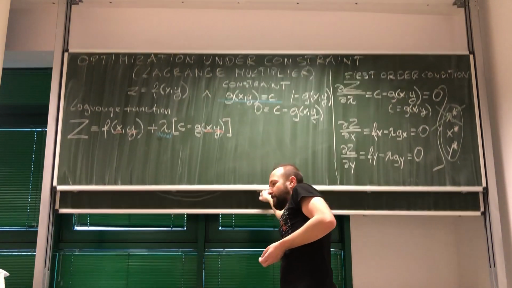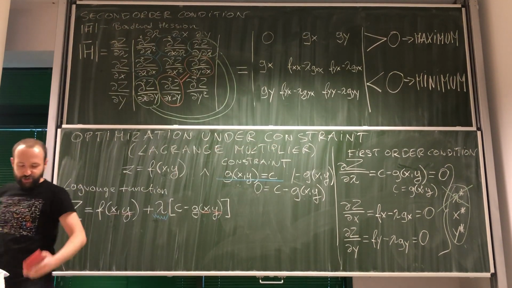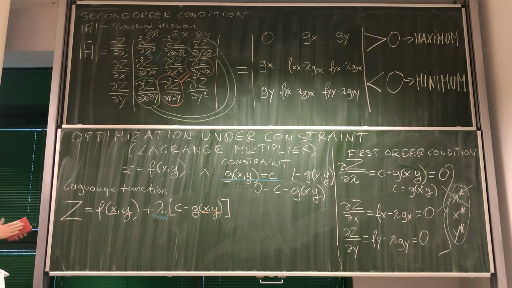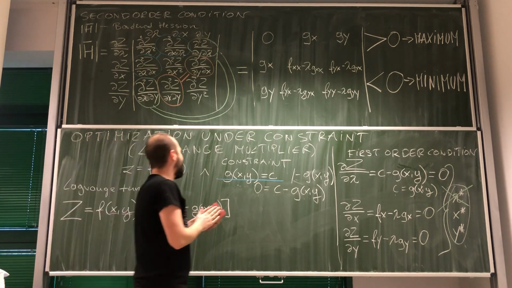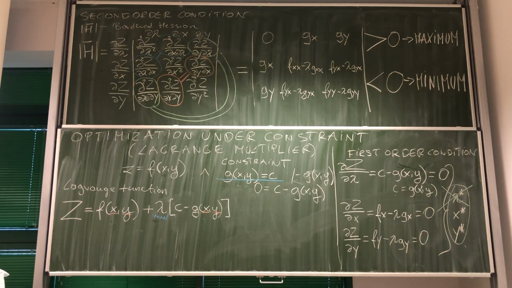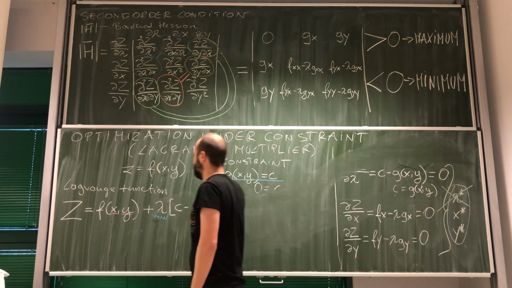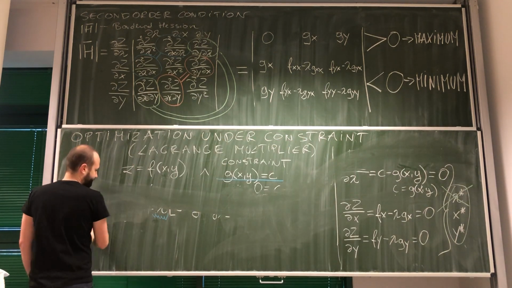Okay, so look, now that we know how it works in general, let's get to the case that we usually have. Because in most economic applications, we're going to use a little simpler version of a constraint.